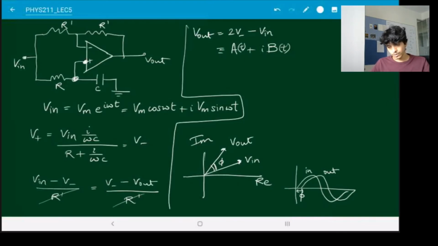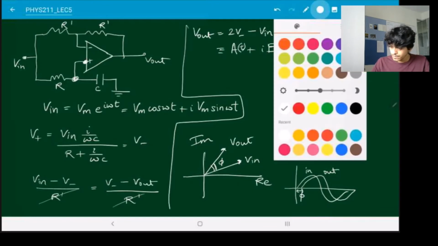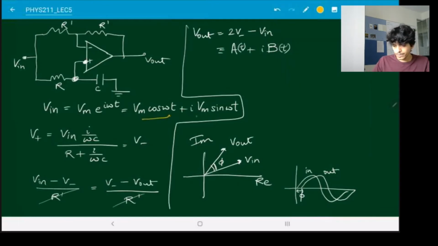Now, of course, you can do the most general kind of analysis for this, but instead we can simplify our problem a little bit. V in has a cosine component and it has a sine component. This is the initial voltage that you are inputting into your system. What if I considered, just to simplify, my system at time t equal to 0? At t equal to 0, my input voltage just becomes V max, because cosine of 0 is 1, sine of 0 is 0.